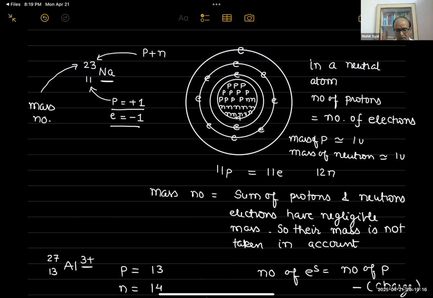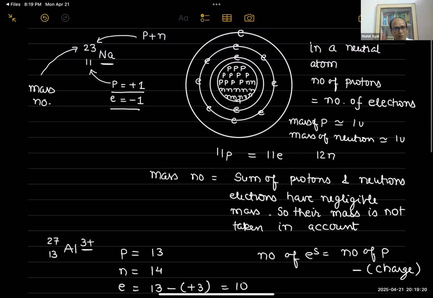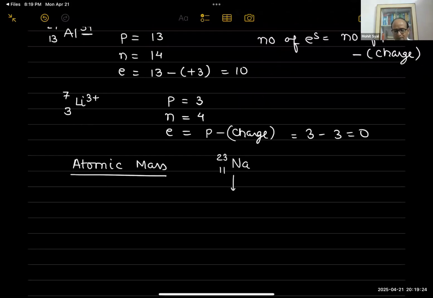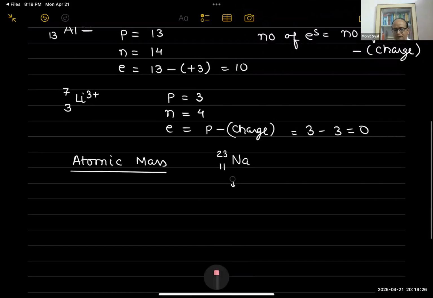If each proton has a mass of 1 unit and each neutron has a mass of 1 unit, what will be the total mass of the sodium atom? How many protons were there? 11 protons.